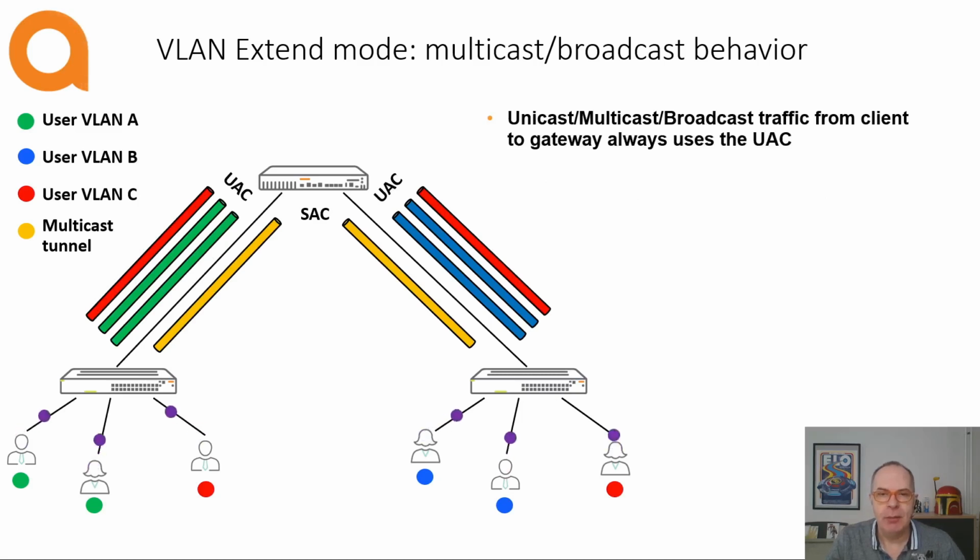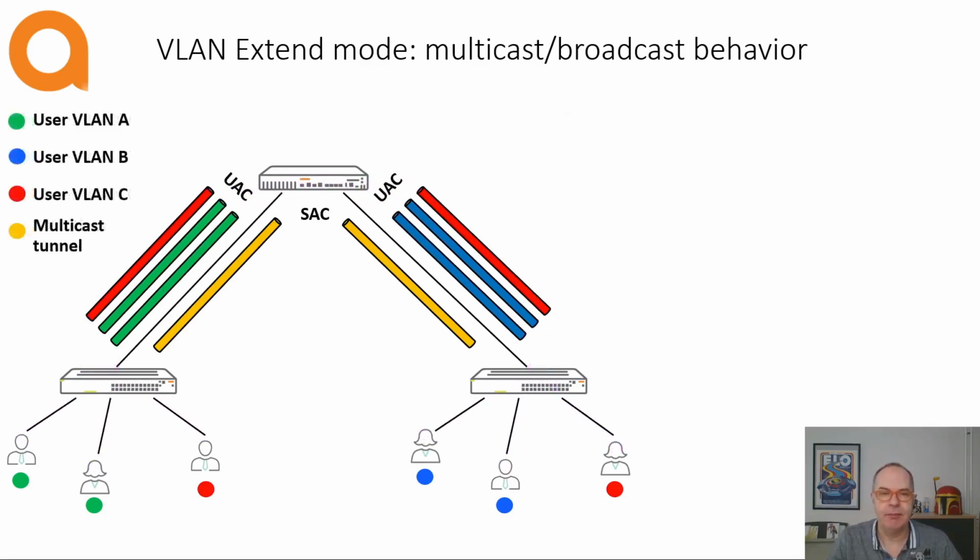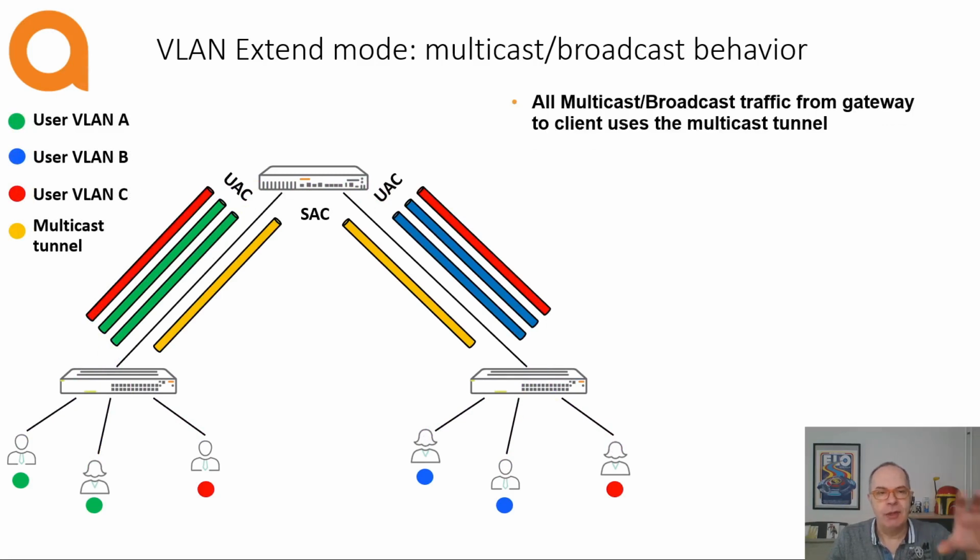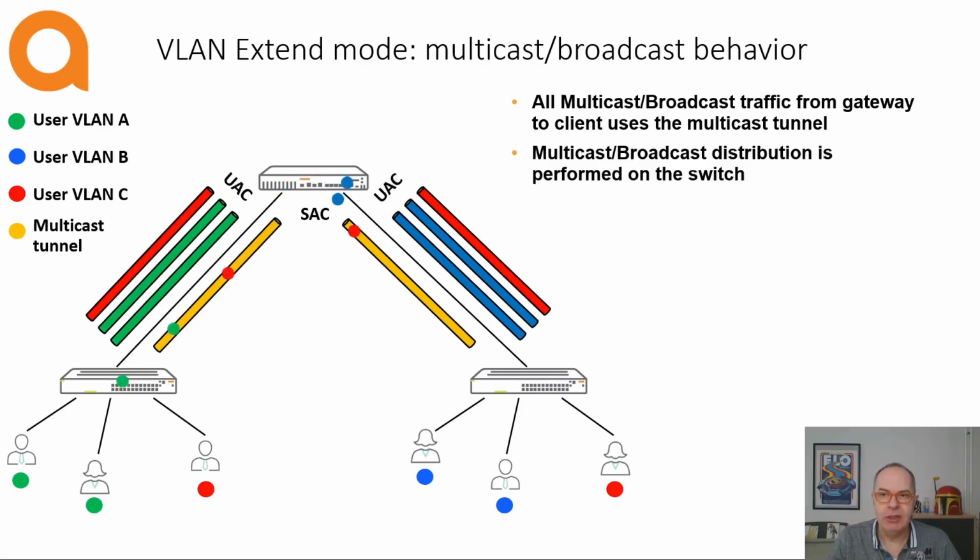For traffic coming from the clients going up to the gateway, whether it's unicast, multicast, or broadcast, that traffic always traverses the UAC tunnel. It always uses the UAC. Now for traffic coming from the gateway going down to the client, unicast traffic is using the UAC tunnel, but the multicast and broadcast traffic uses the multicast tunnel.